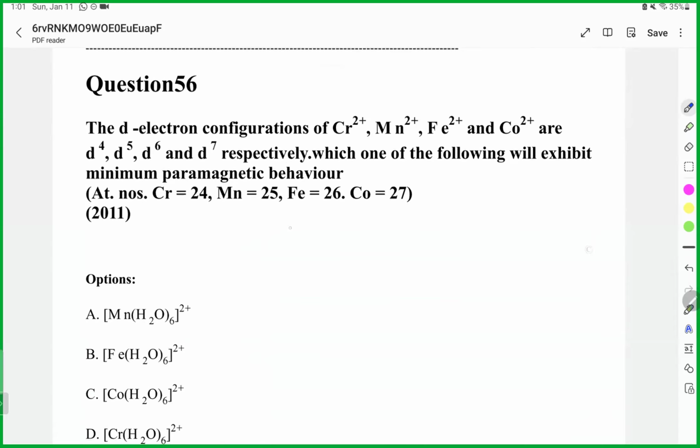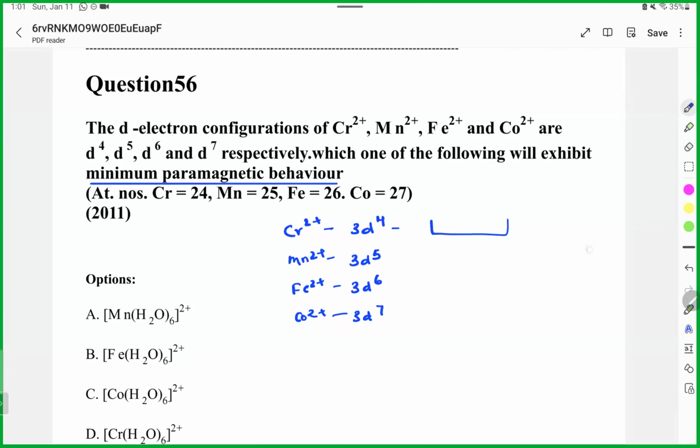Chromium 2 positive will be 3d4, correct? Manganese 2 positive will be 3d5. Iron 2 positive will be 3d6, and cobalt 2 positive will be 3d7, which is already given. Where you will see minimum paramagnetic behavior means maximum pairing.